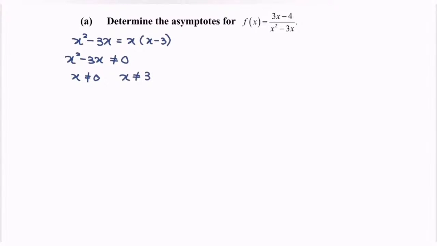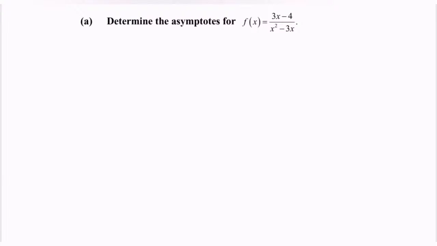So with this method, we can determine the vertical asymptote. So in here, the vertical asymptotes are x equals 0 and x equals 3. Because when you substitute the value of 0 and 3 into the function, the situation will become undefined.